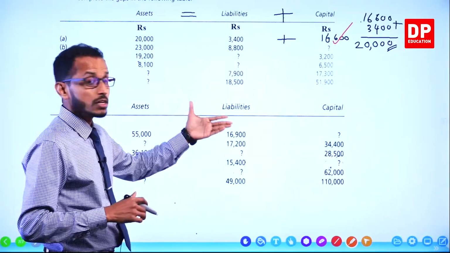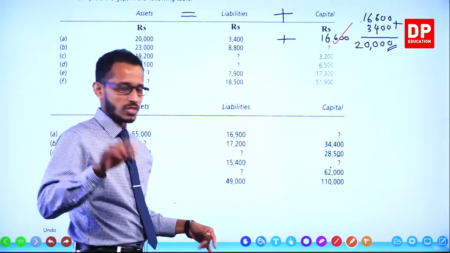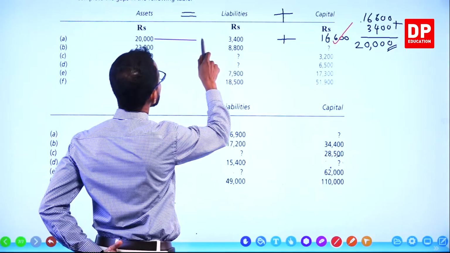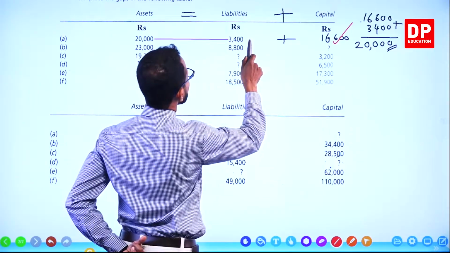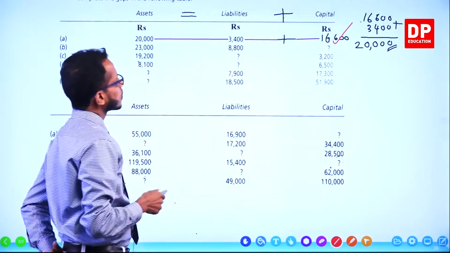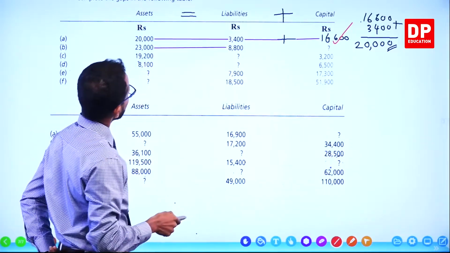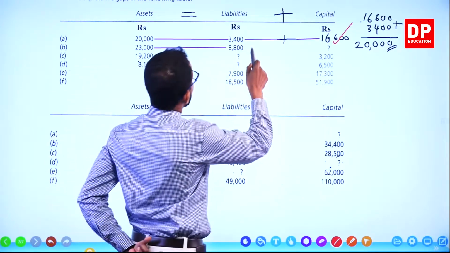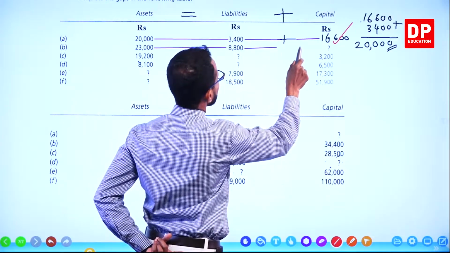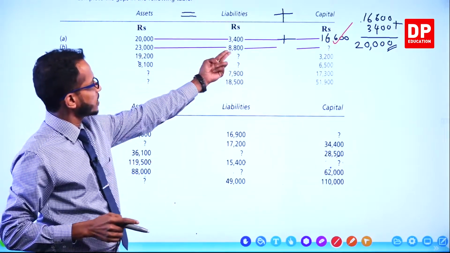I'm finding it difficult to trace the rows. So let's use a line. Second, assets, we have 23,000 children, 23,000 assets, okay. Out of that, liabilities, 8,800.